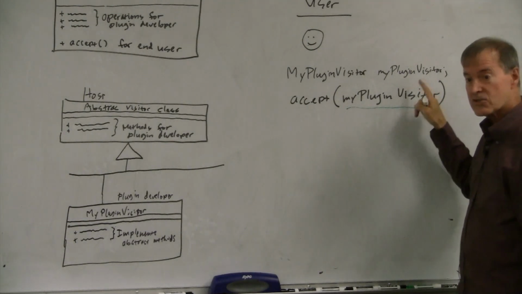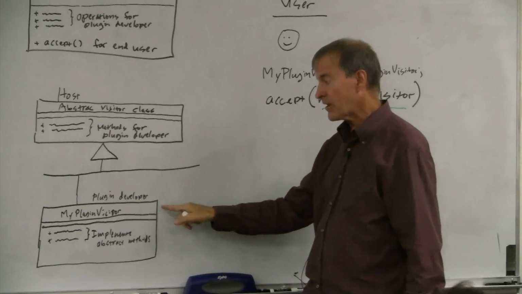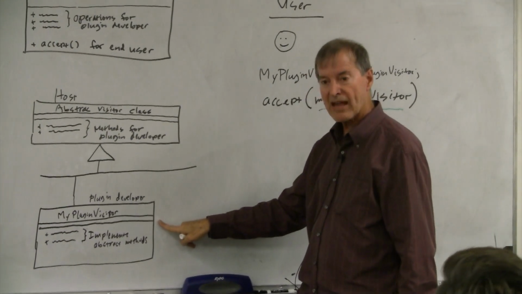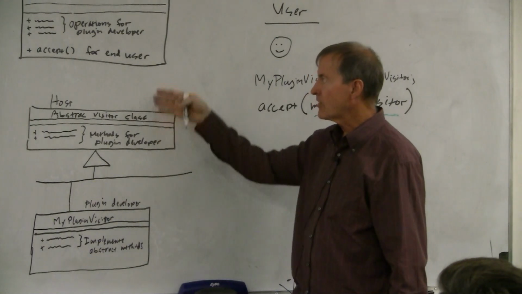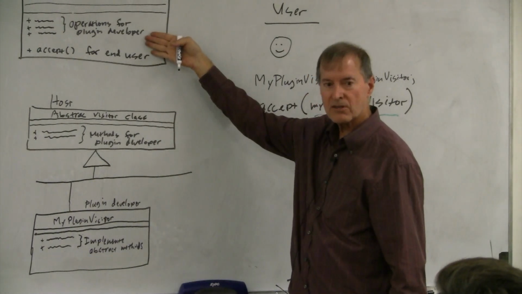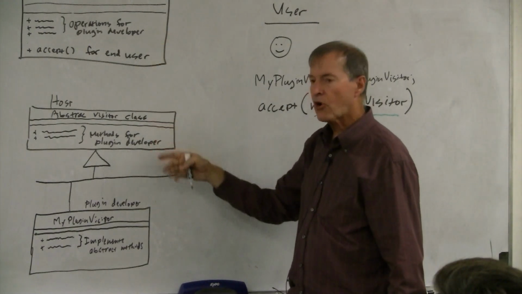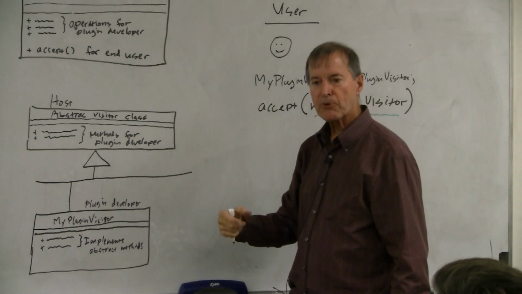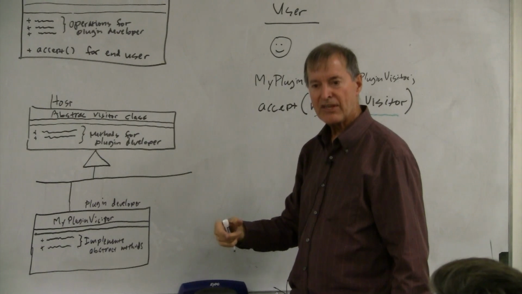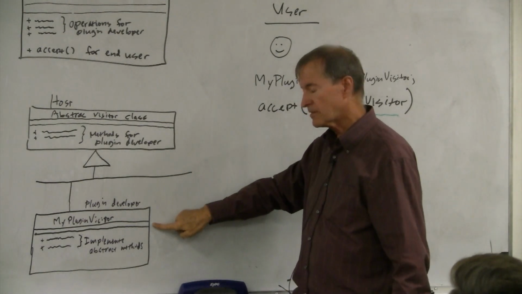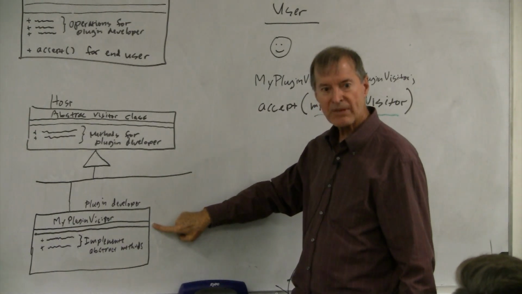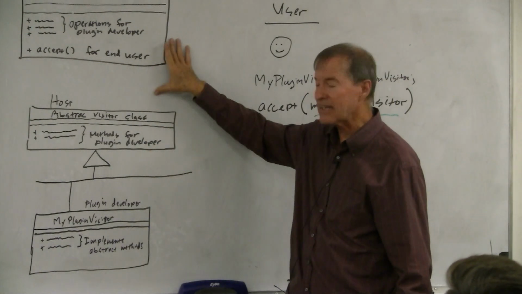So that would be like when you're creating the My Plugin Visitor, you would put in things on the top line. Yes. The plugin developer is free to add whatever attributes the plugin developer wants here, and the host system doesn't need to know that. So what corresponded to parameters in the non-plugin architecture, they become attributes, because we can add them without recompiling any of this.